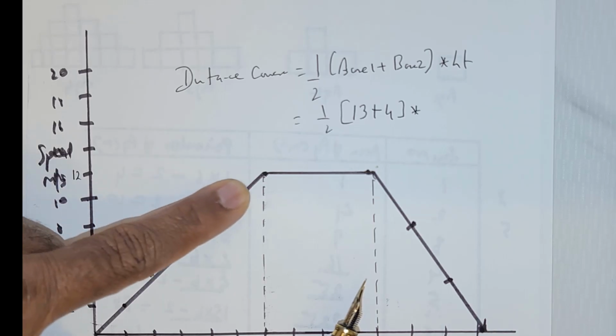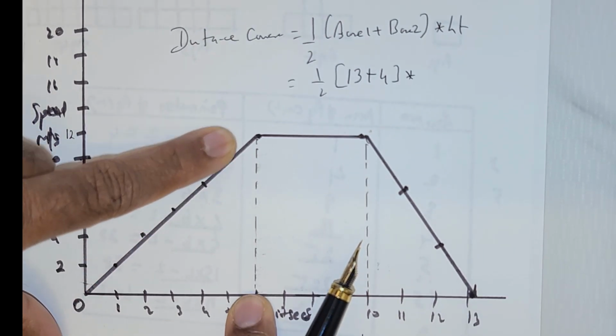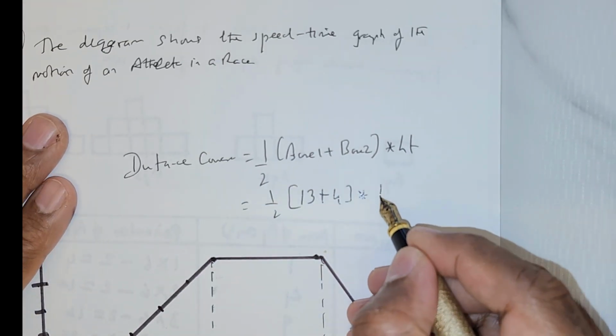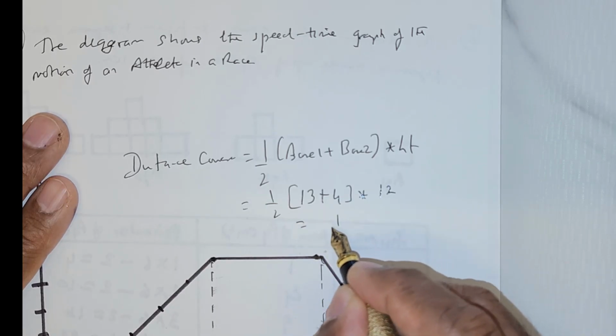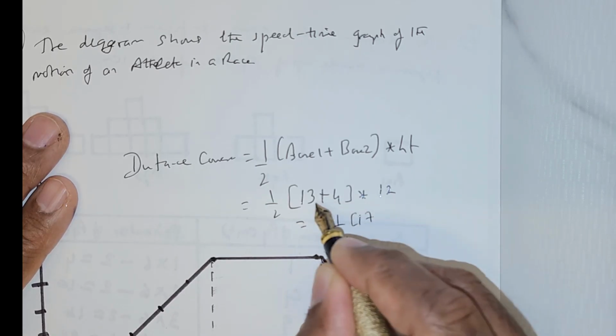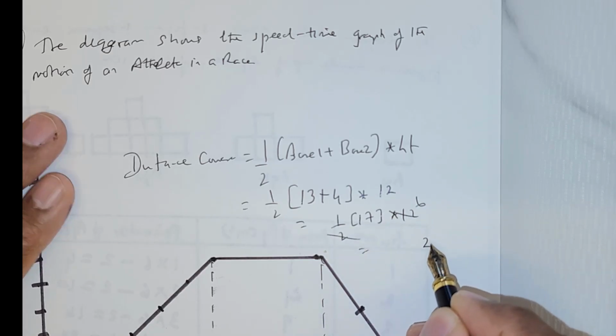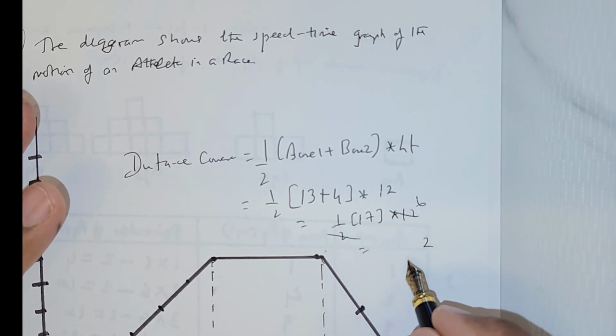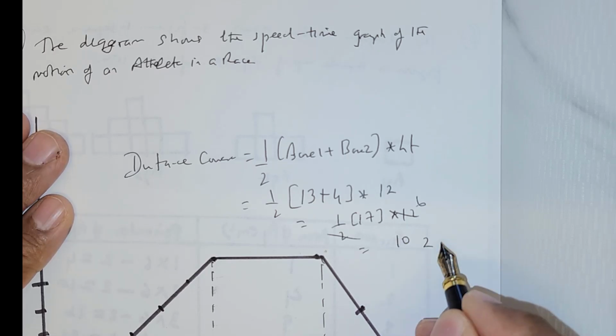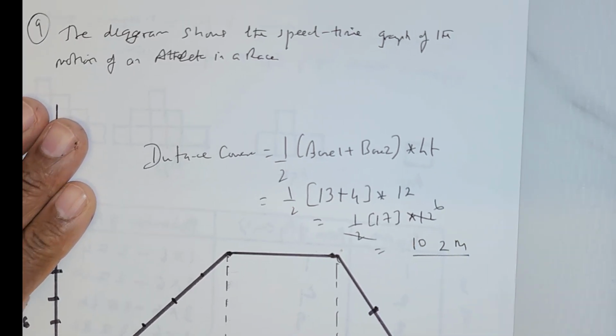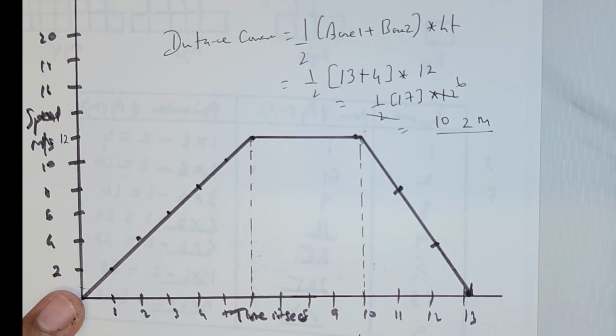The total height is 12 units. Okay, so this is going to be half times 17 multiplied with 12. 2 divides here 6 times 6, 7s are 42, 4 6 1 6 7 8 9 10. 102 meters. That's the answer for the question.